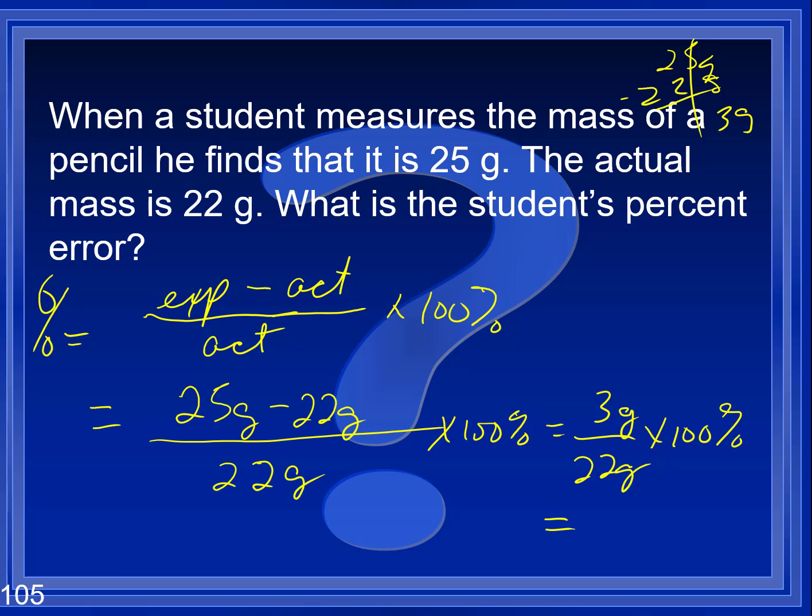How many sig figs in my answer? Well, the 3 has 1 sig fig and the 22 has 2, and the 100 has unlimited, so I can only have 1 sig fig, which makes it, again, 10%. When we write down 10%, that means someplace above 0 and less than 20. We're not sure that's really a 1.